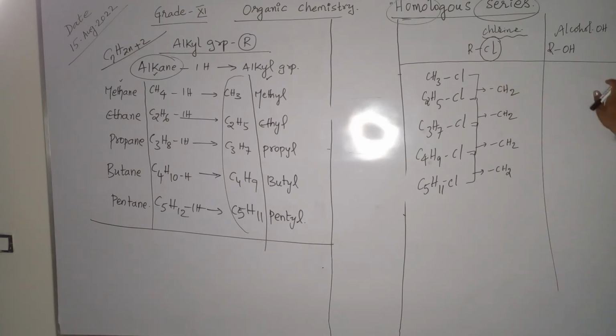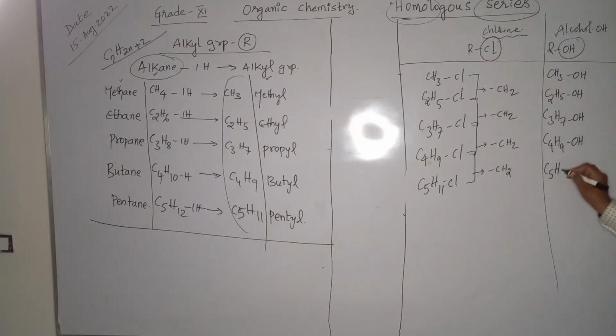Next, you want to write for alcohol, same thing, R dash OH. Take CH3OH, C2H5OH, C3H7OH, C4H9OH, C5H11OH.